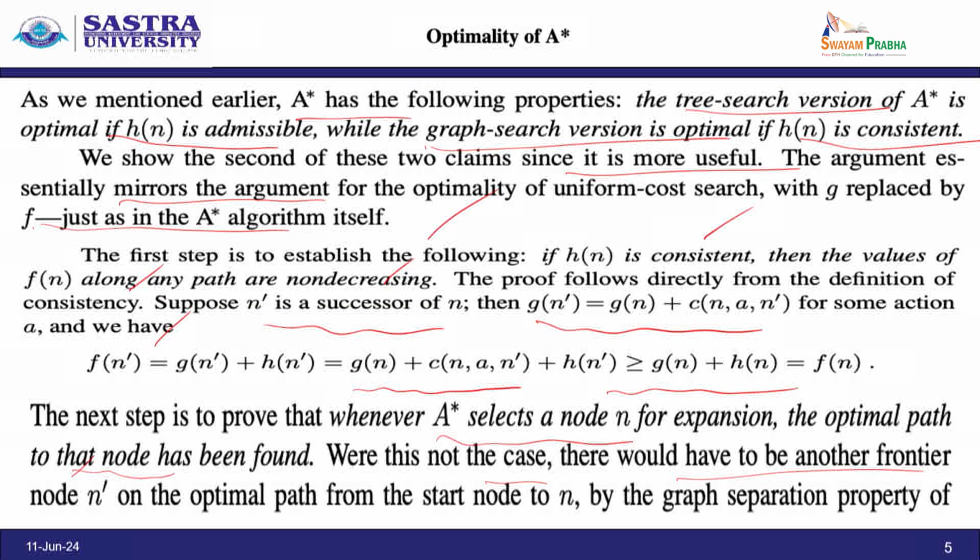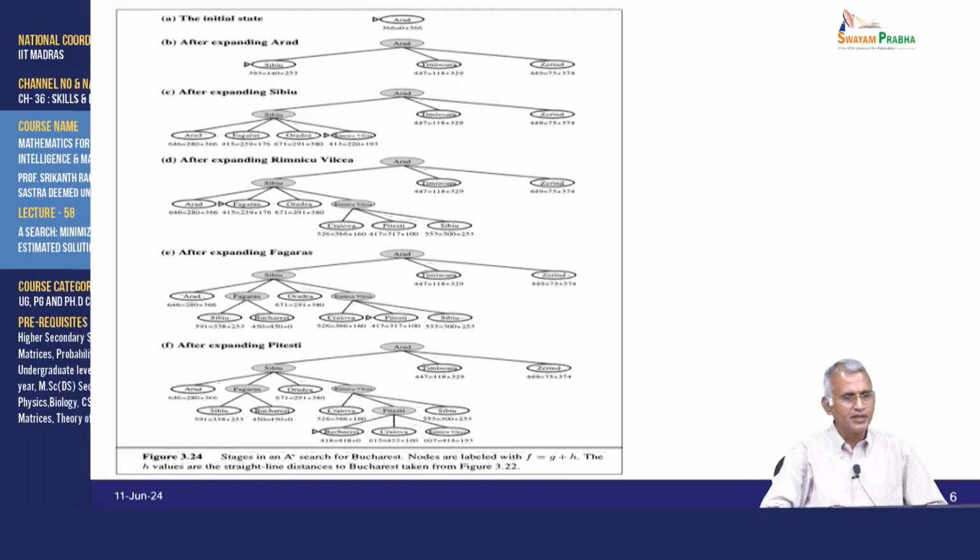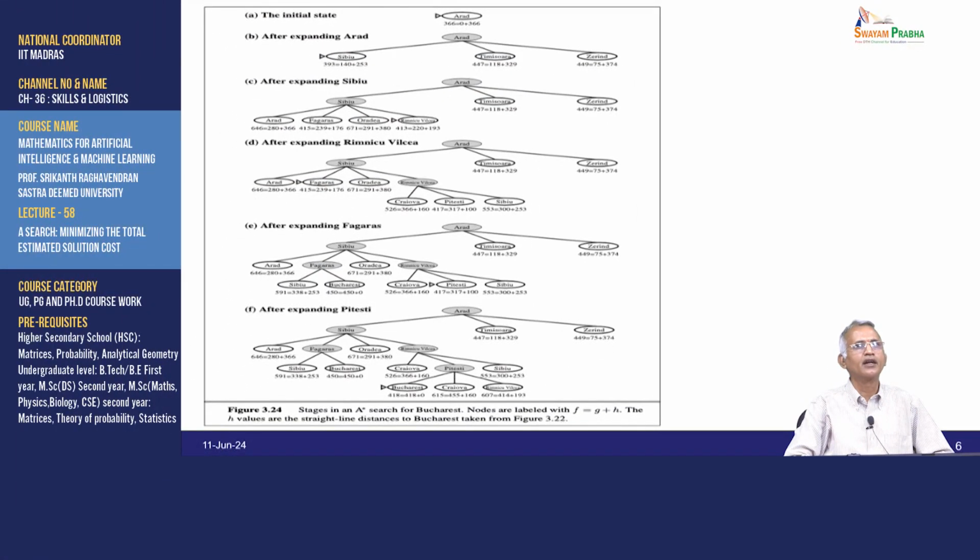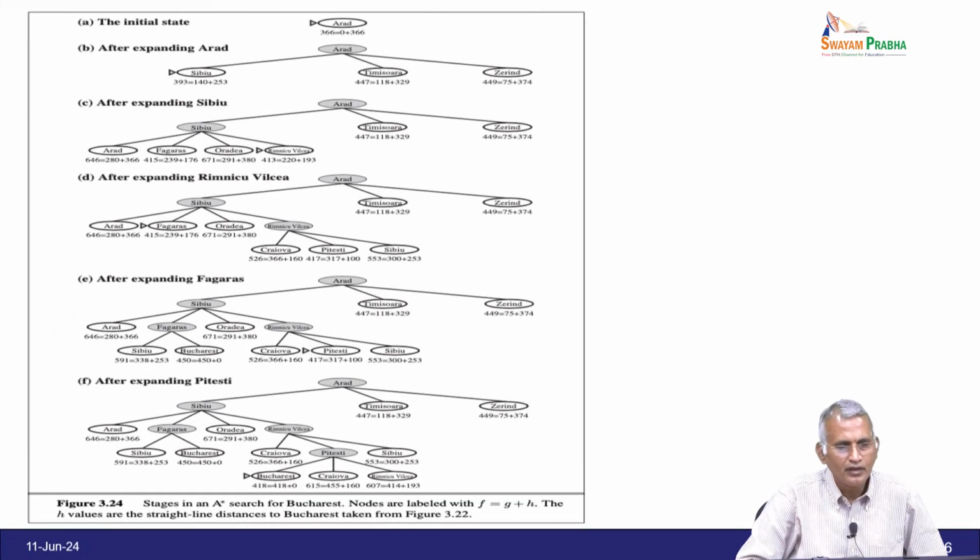So, by the graph separation property, as mentioned here, for the initial state Arad you have to take g as 0, then f is 366. After expanding Arad, we have Sibiu, where 393 equals 140 plus 253, and Timisoara, where 447 equals 118 plus 329, and Zerind is 449 equal to 75 plus 374.